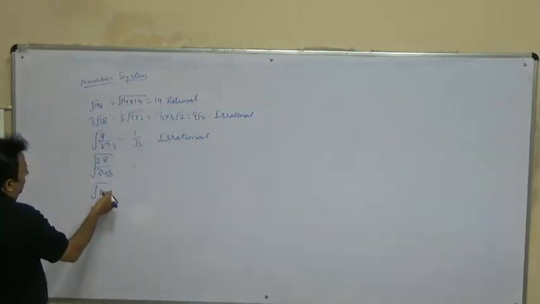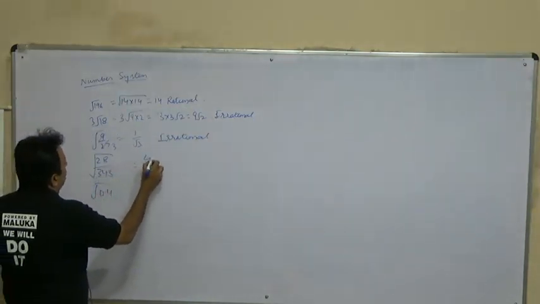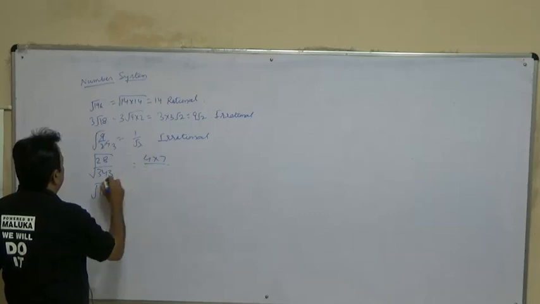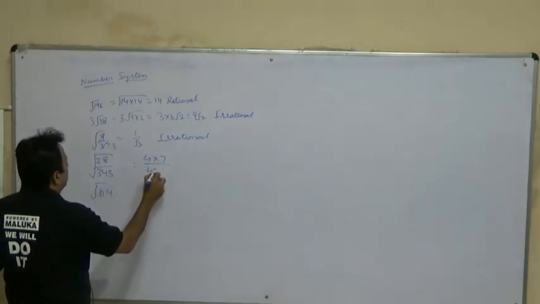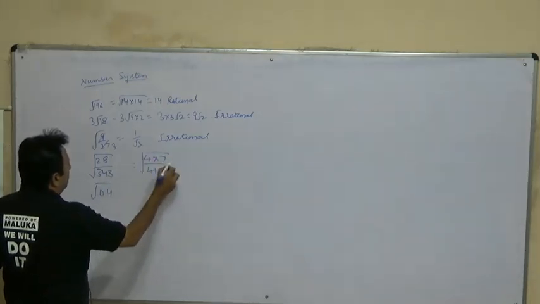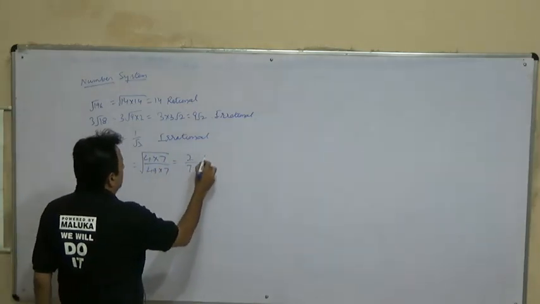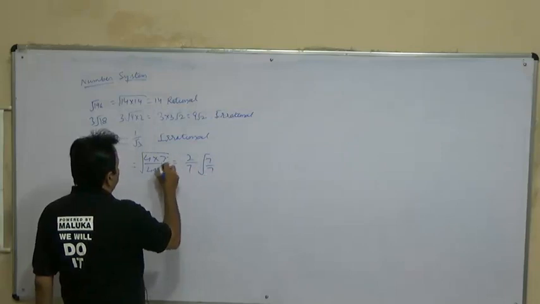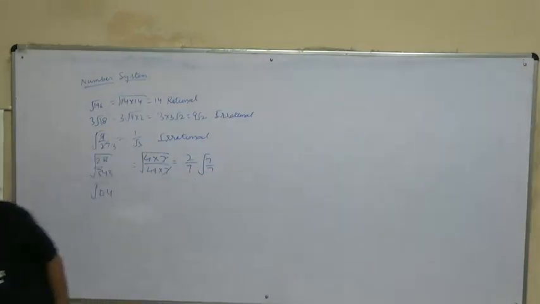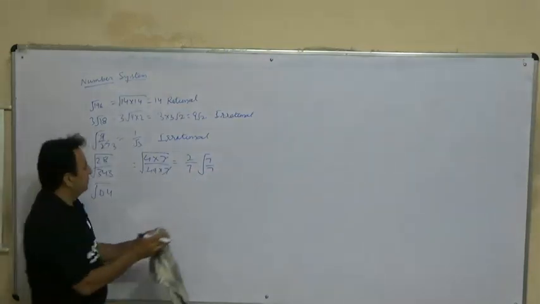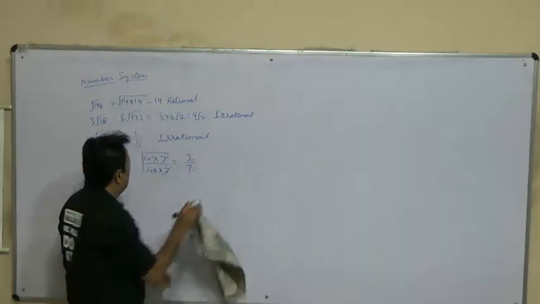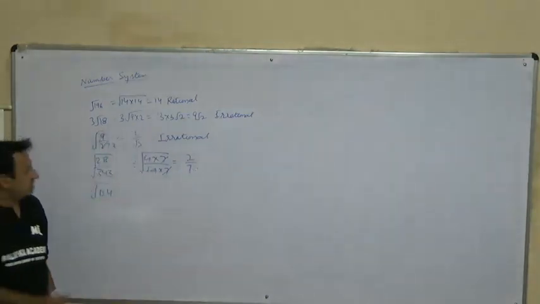Then here we can write it as 4 into root 7 upon 49 into 7. Root 4 is 2, root 49 is 7 and root 7 upon root 7 can be cancelled out. So we are left with 2 upon 7, which is rational.